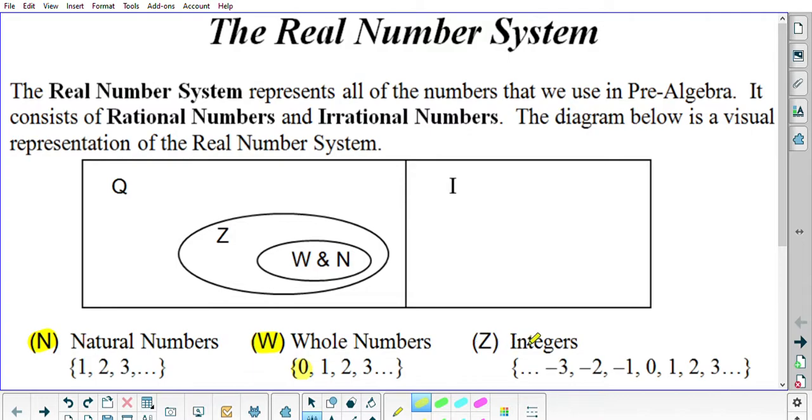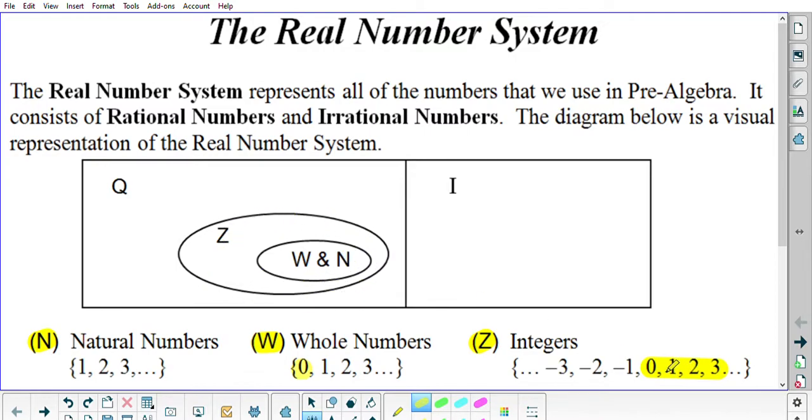Now we have the next set of numbers, integers. Integers are abbreviated with capital Z, not capital I, because capital I is used for irrationals, which we'll get to in a little bit. Integers include all of the whole numbers, which is why on the diagram you'll see the whole numbers and natural numbers are inside and part of the integers.